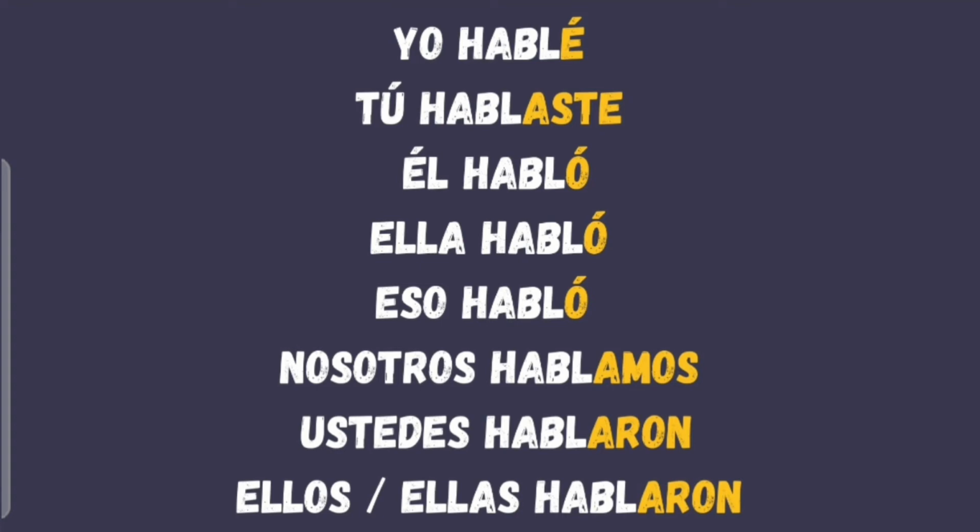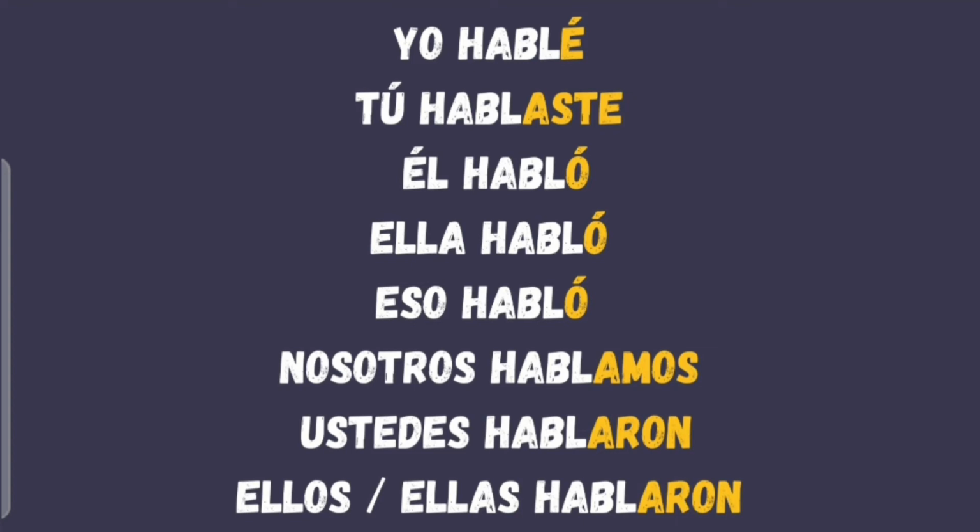É if you're talking about the personal pronoun yo, aste if you're talking about the personal pronoun you, tú, okay? Ó with an accent if you're talking about the personal pronouns él, he, ella, she, eso, it. Amos if you're talking about the personal pronoun we. Aron if you're talking about the personal pronoun you in the plural form.